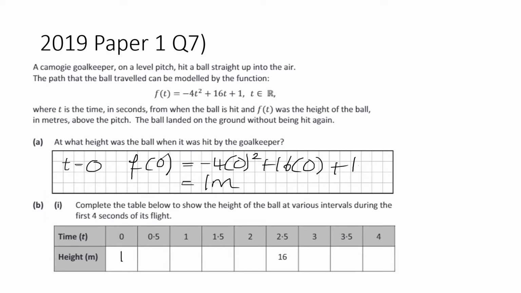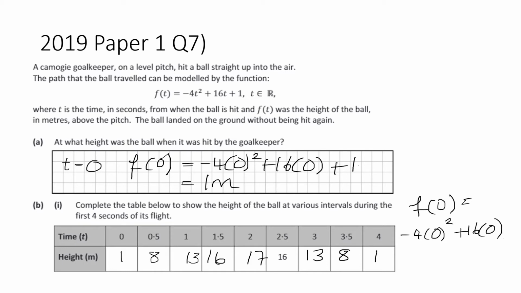When you get them, you'll get 1, 8, 13, 16, 17. If you don't have 16 here, then you know you've done something wrong. Then 13, 8, and 1. What you can do as well is put each one into the function on your calculator. So for f of 0, put in minus 4 times 0 squared, plus 16 times 0, plus 1, and you'll come out with 1.